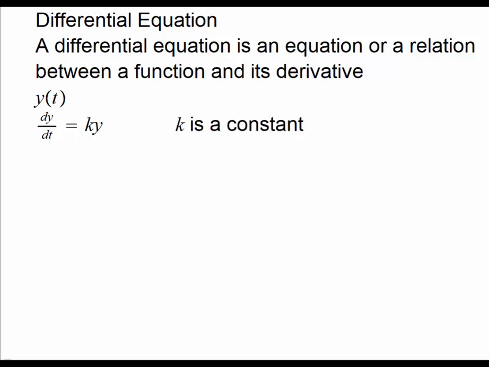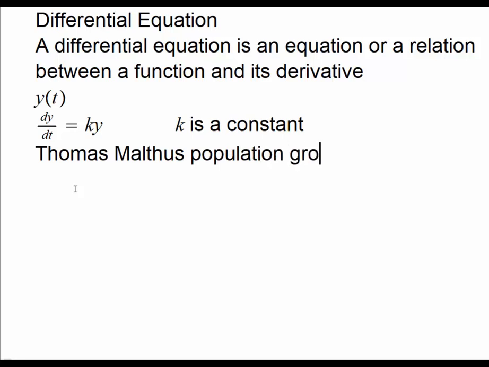This differential equation is about 200 years old, and is due to Thomas Malthus. It gives us a model for population growth, where y is the population at time t. We shall take it up again a little later.